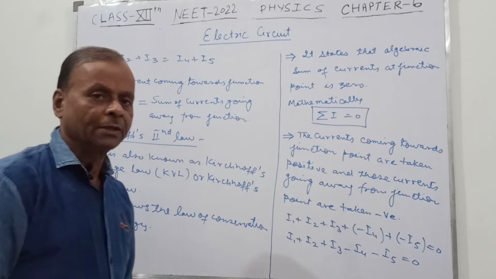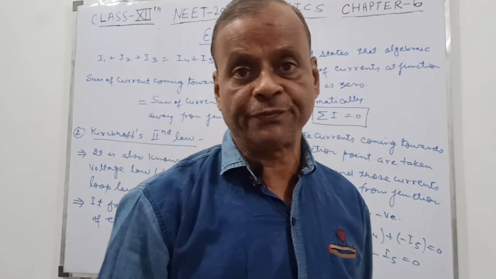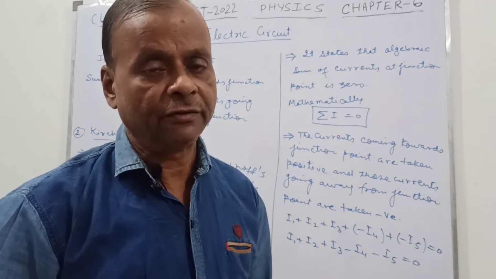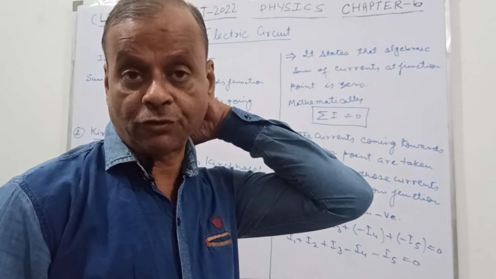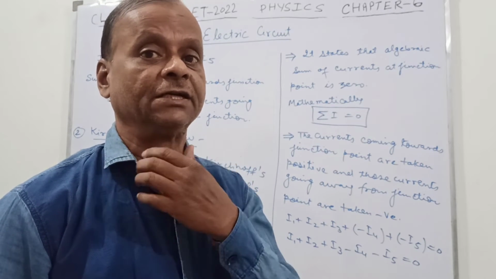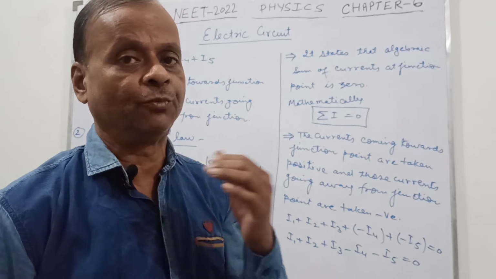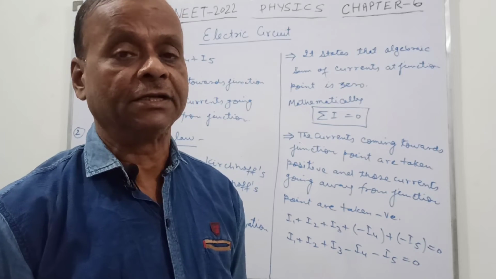We know that energy can neither be created nor destroyed, but it can be transformed from one form to another form. So total energy is always conserved. Here we take the electrical energy; voltage is the measure of the electrical energy.